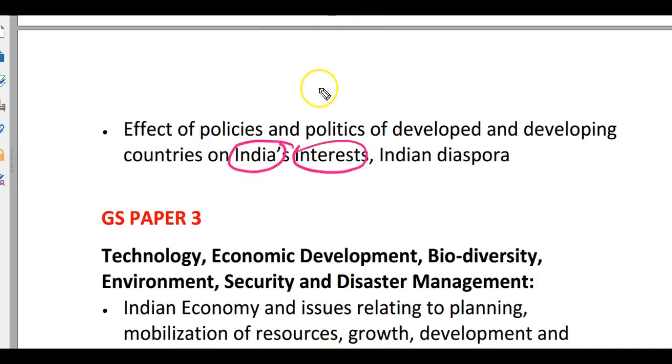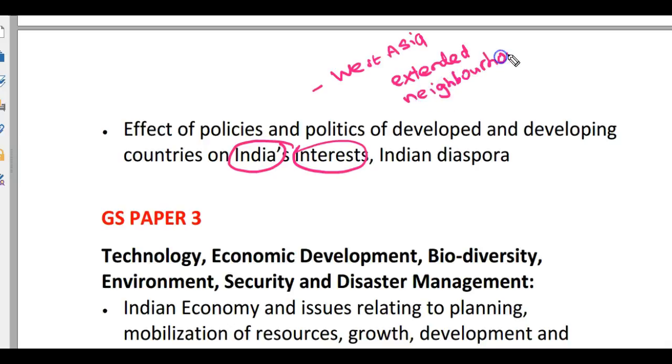Many political analysts call West Asia India's extended neighborhood. If you read the foreign policy, we can come across some important terms like India's neighbors, India's extended neighborhood.